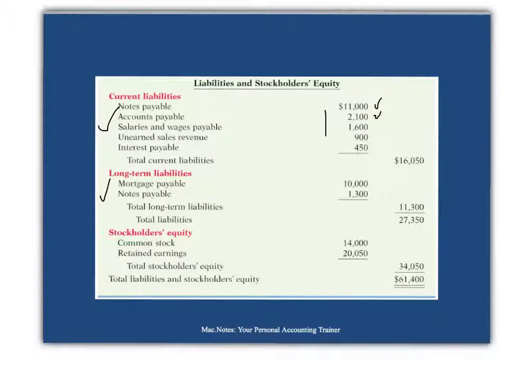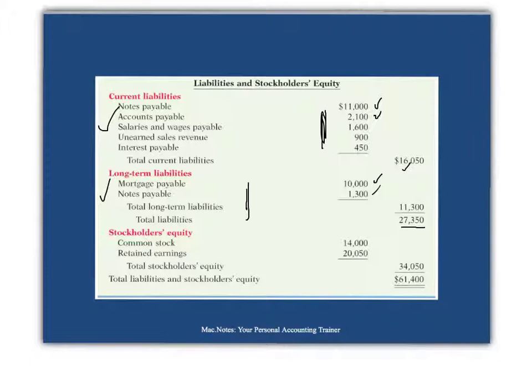They're going to have to be paid within the next year, basically. And these are liabilities that will be paid in longer periods of time, more than a year. Mortgage payable, a mortgage is the money I borrowed from the bank to purchase property or a building. And notes payable. So we have total long-term liabilities.